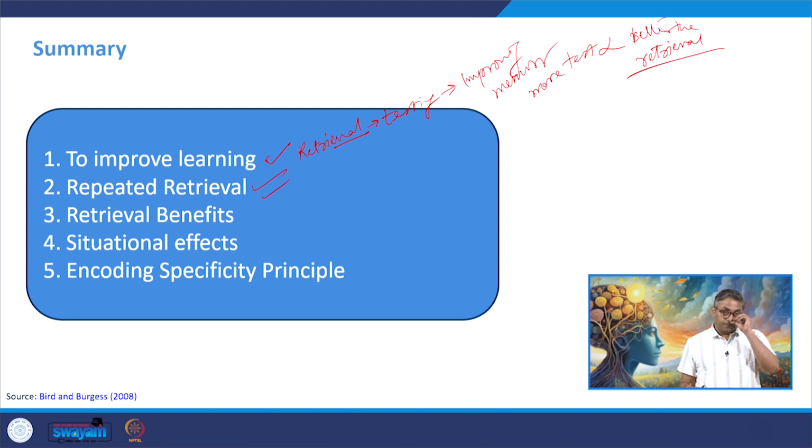Retrieval benefit: we have seen that it helps in the improvement of learning. It helps the individual consolidate information for a long period of time. As for the situational effect, different contexts mean learning will be different. We are going to see in coming lectures different scenarios, different environmental conditions and their effect on retrieval.